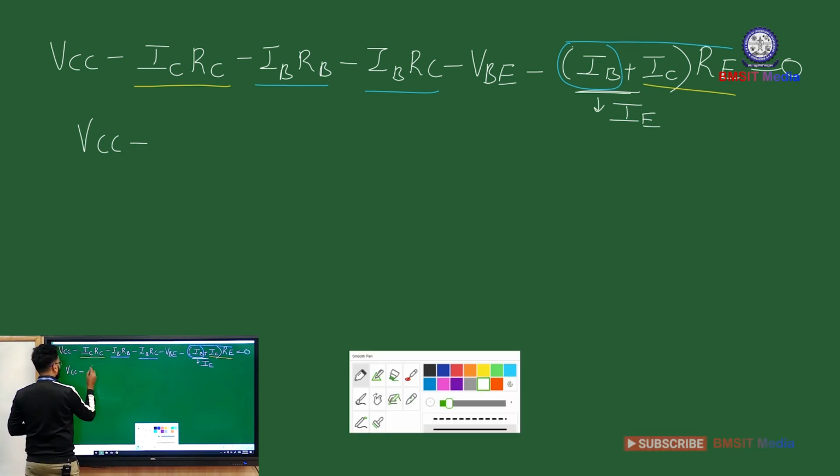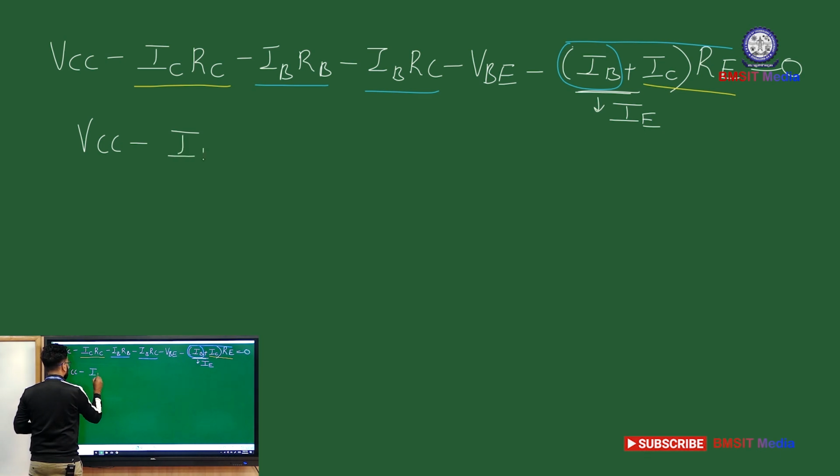Okay, so VCC minus. Let me write IB as the common current. So keeping IB outside the bracket, what do we get?